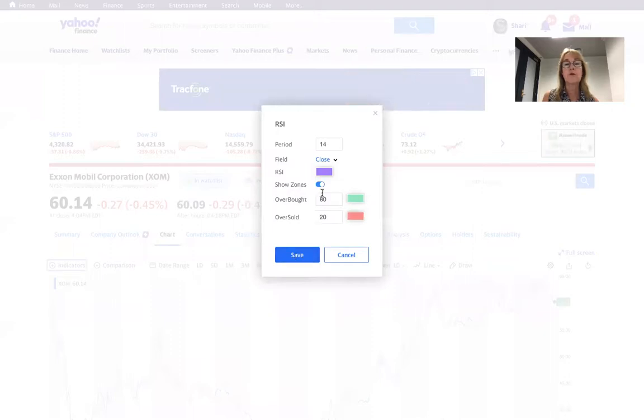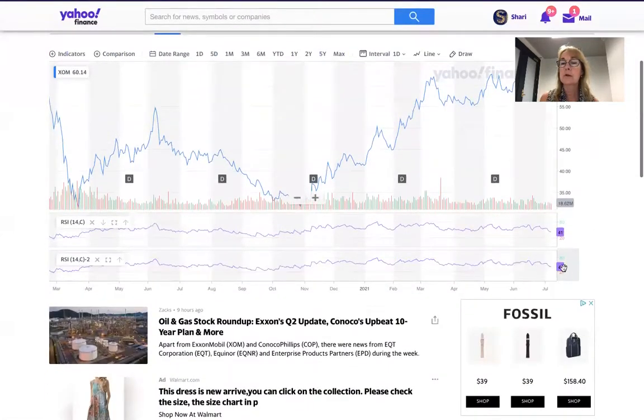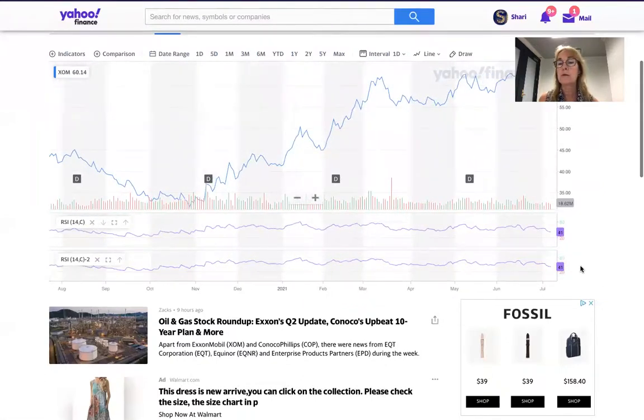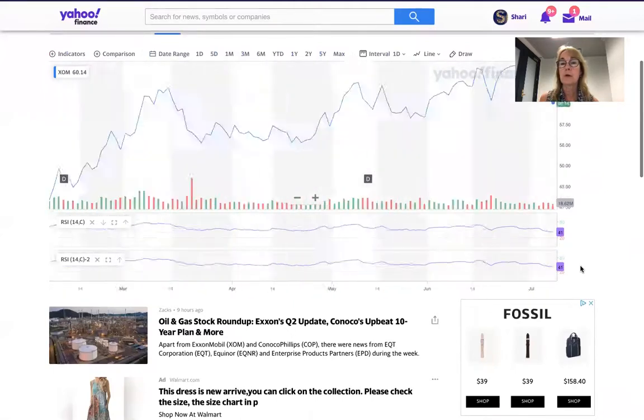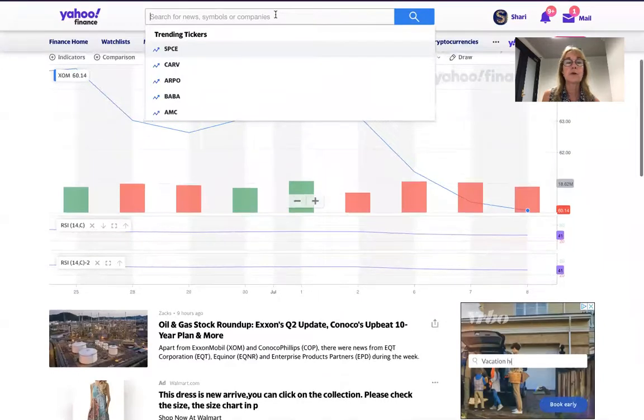And you see here, overbought is 80, oversold is 20. You can change the periods, but I just usually use the default. This is the 14-day RSI. Let's see what it says. It's at 41, too.